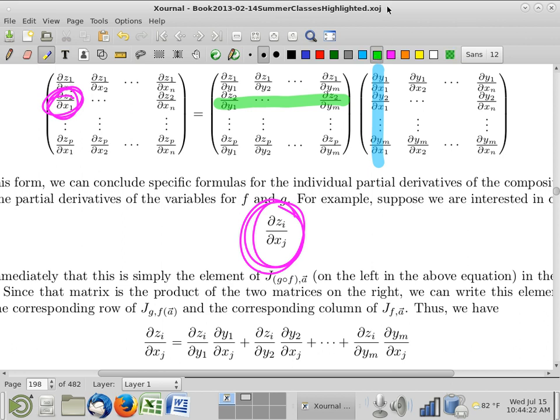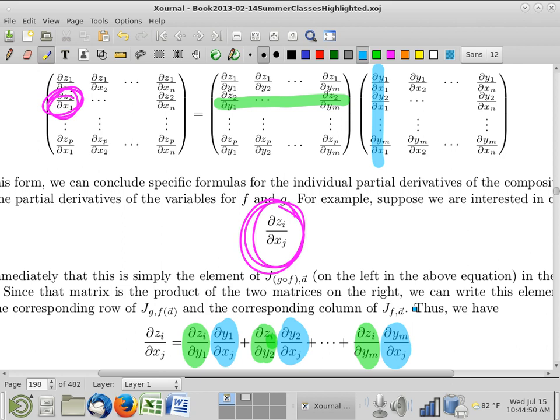So there's those various green entries. There's these various blue entries. So what I have written down here is nothing more than explicitly doing the dot product of the appropriate row with the appropriate column to get the entry in question in the composition Jacobian matrix.